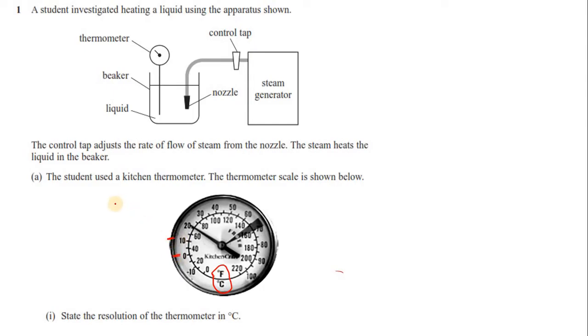So the maximum value is 10, and then you divide it by the number of intervals. There are two intervals, the first interval and the second interval, divided by 2. So the answer is 5. That means the resolution of this thermometer will be 5 degrees Celsius. So that's how you can write your answer. The resolution is 5 degrees Celsius.